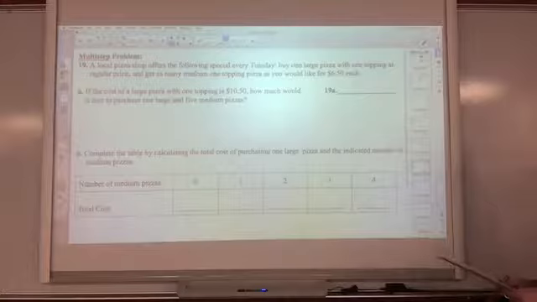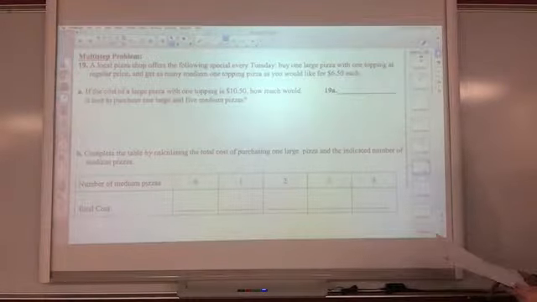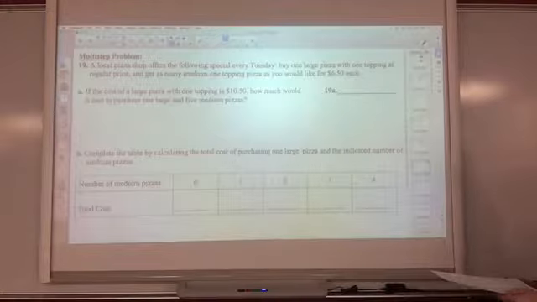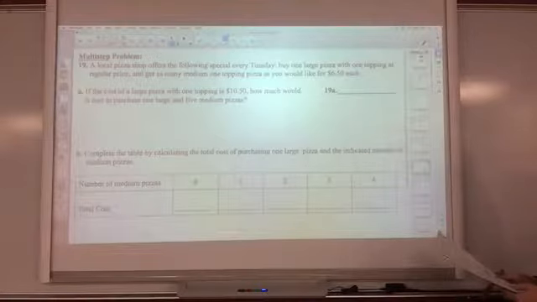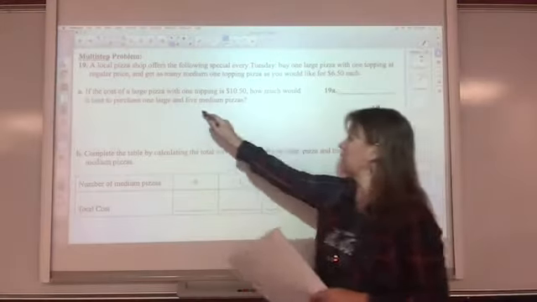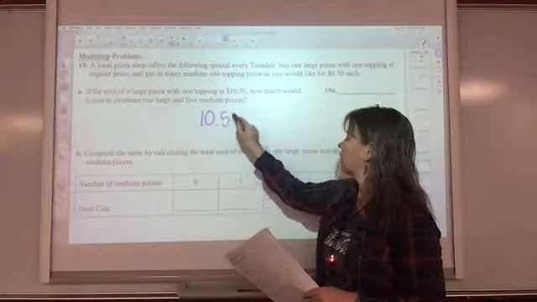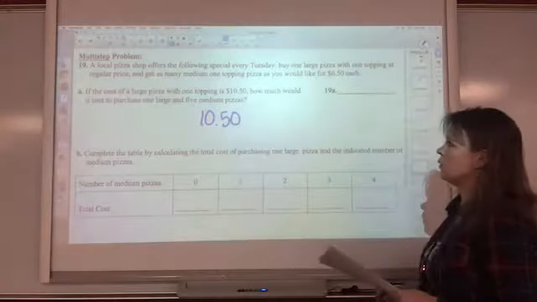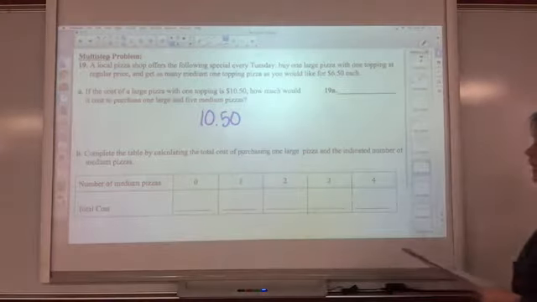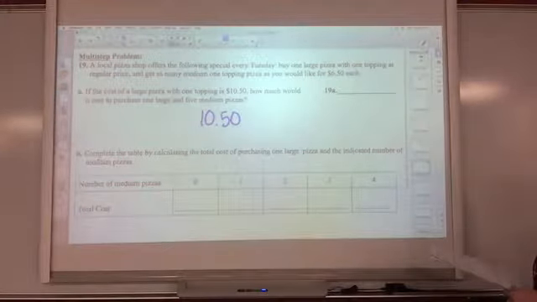Number 19, the multi-step problem. There's a lot of parts to this. There's A, B, C, D, and E. You're talking about a local pizza shop. If the cost of a large pizza with one topping is $10.50, how much would it cost to purchase one large and 5 medium pizzas?